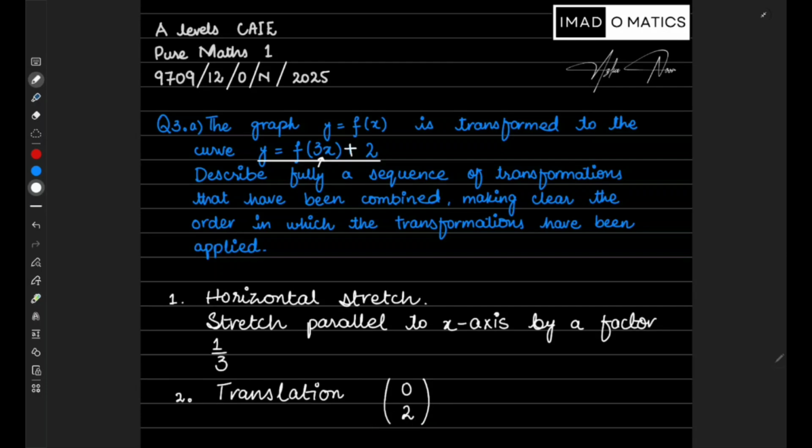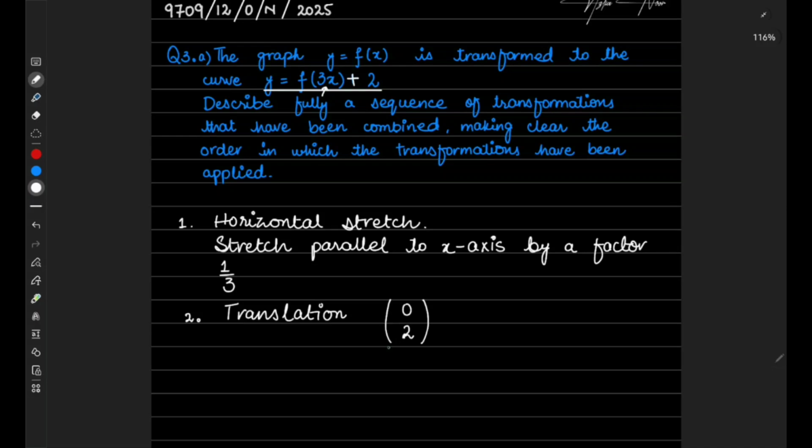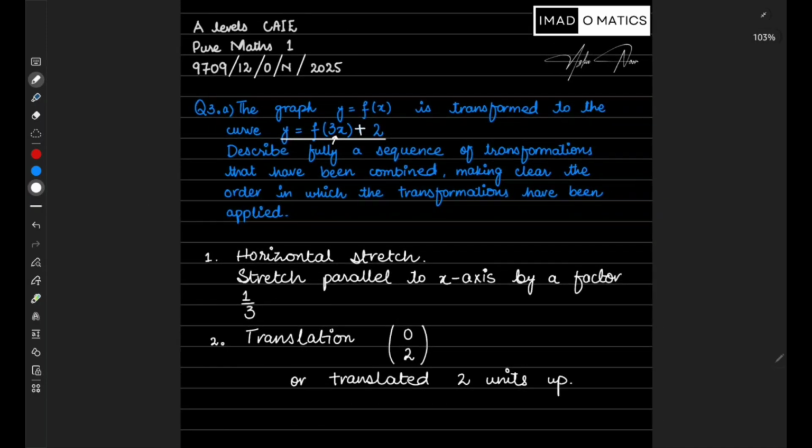So you can also write it as translation by the vector (0, 2), or translated 2 units up. Okay, this is your part A.